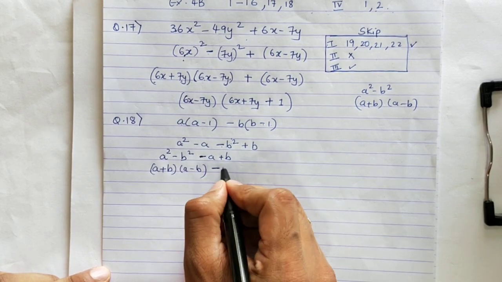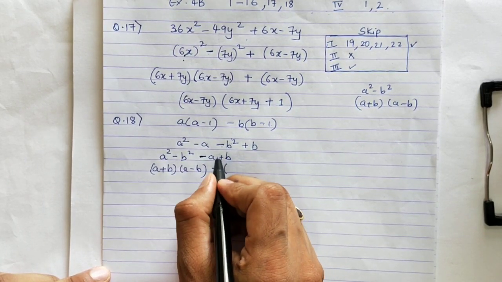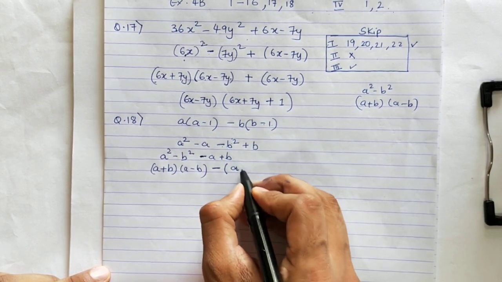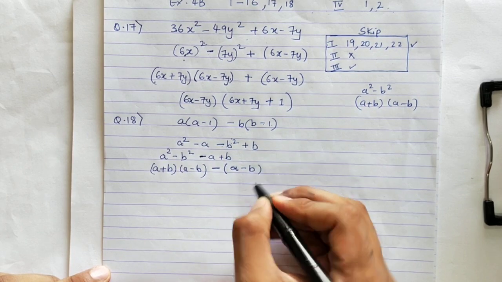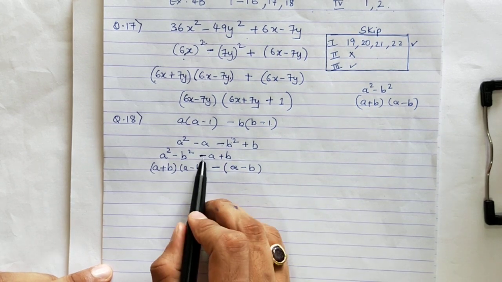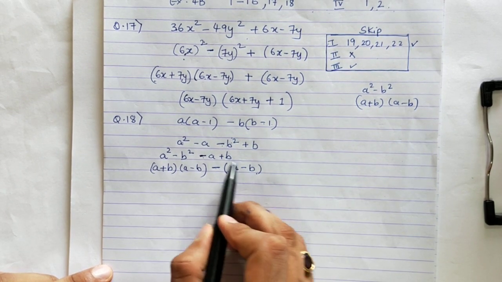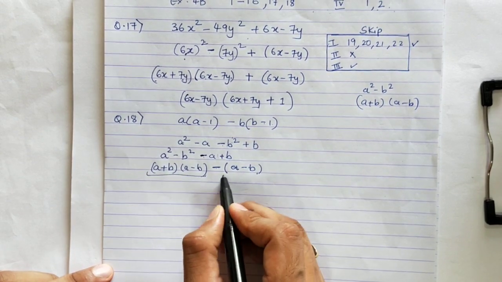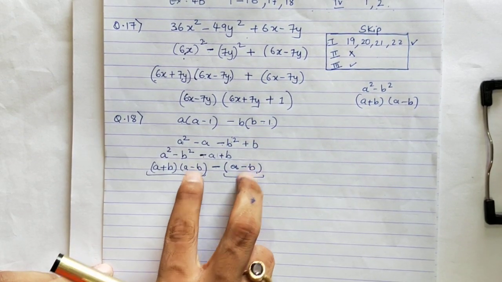If I take the minus sign common, the second sign changes. If I take the minus sign common, this will become a minus b, bracket close. Always, in the first exercise itself, I had told you that whenever you take minus sign common and you make a bracket, you have to change the second sign. Okay. Now from this term and this term, we can take a minus b common.